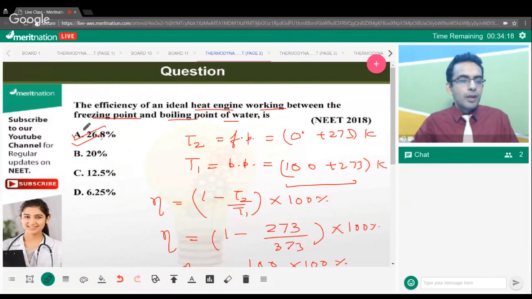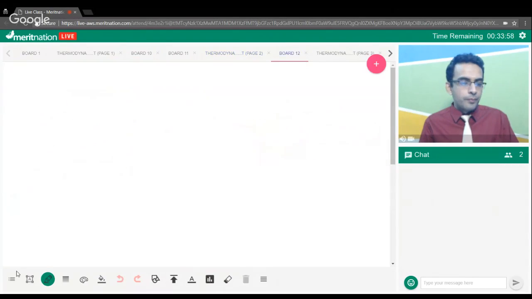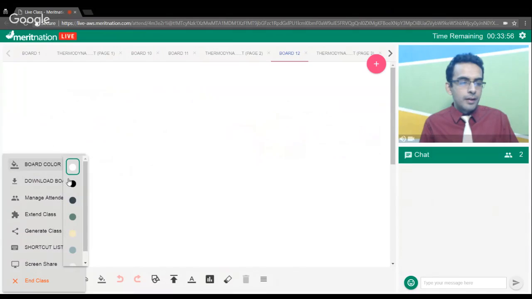Okay. So similarly, as we have heat engine, similarly we have refrigerator. What does refrigerator do? Anyone can please tell what is the work of refrigerator? What is the function of refrigerator? Please tell. Anyone?